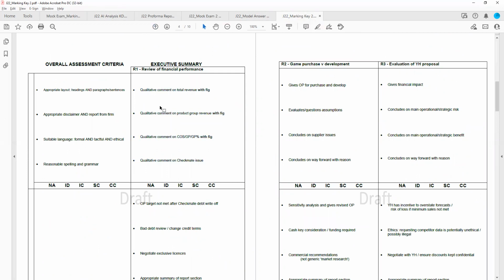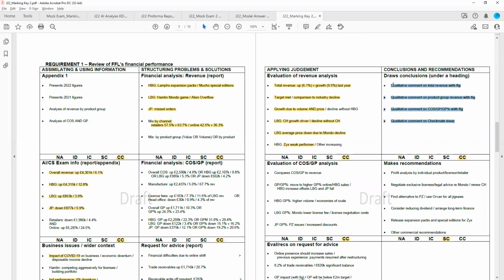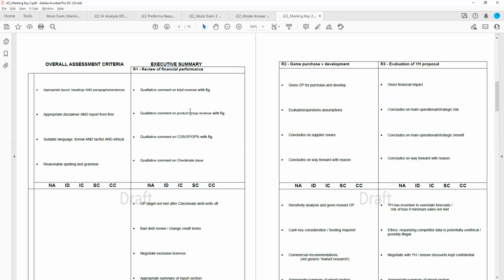then as a starting point, you could copy your conclusions over into your exec summary, just so you've got the main numbers there, because this is going to be the same as this, because the numbers are the same. It's a fact that revenue went up by 6.1%. Even if you rewrite that from scratch, it's going to look exactly the same because the number's exactly the same and it's gone up. So you're going to say overall revenue has increased. I can't think of a different way you can write overall revenue has increased by 6.1%.